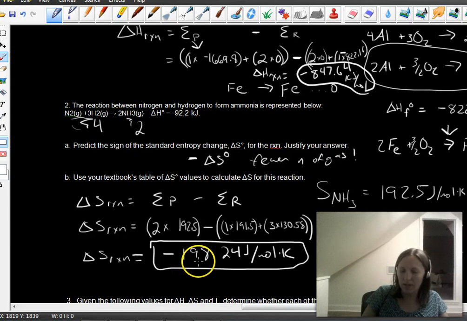Now, what's interesting is the entropy is decreasing. Well, but doesn't entropy always increase? The entropy of the universe always increases. In this case, this is the entropy just of our system. And so we would need to look at what's happening with the entropy of the surroundings to understand what's going on. We don't really have any data on that right now, but if the entropy of this reaction is decreasing and it's spontaneous, we do know that the entropy of the universe is always increasing for spontaneous processes.